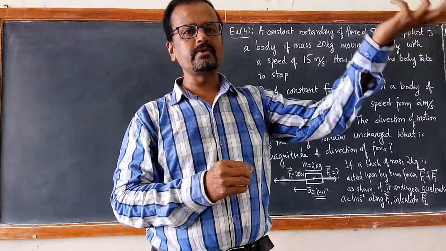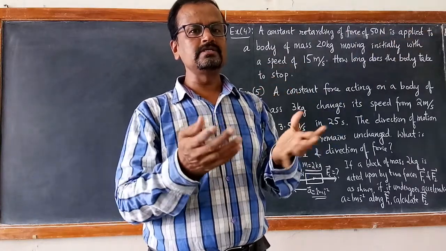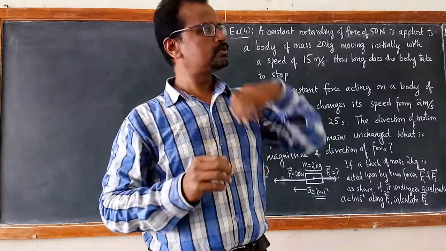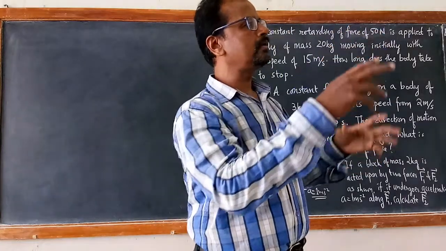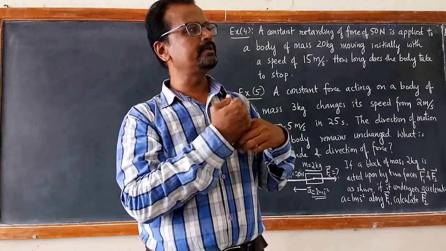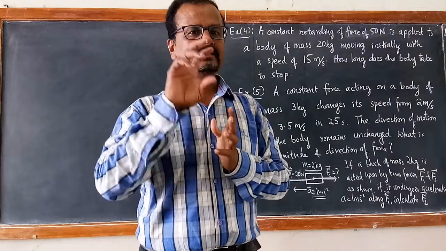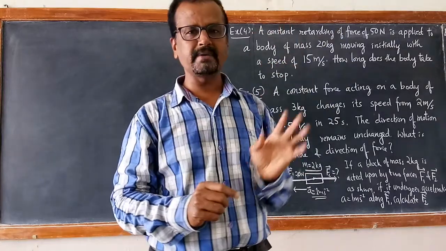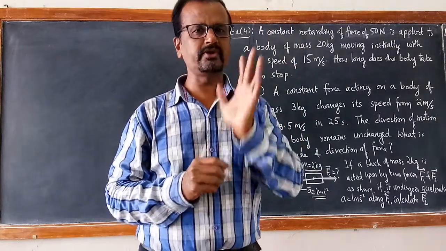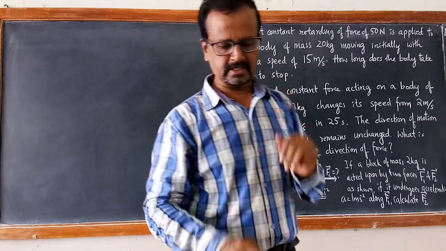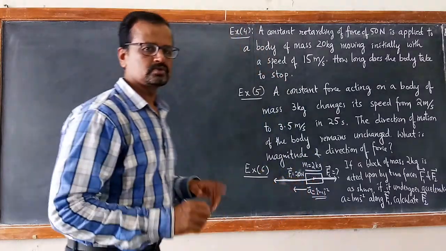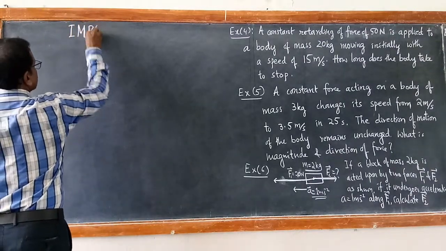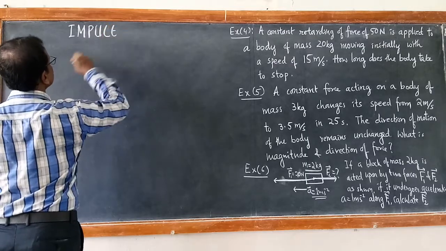So change in velocity leads to change in momentum also. Mass into velocity gives us momentum. So when you hit the ball on the wall, a sudden change of momentum in the exact opposite direction takes place. This change in momentum of the ball is due to the impulsive force exerted by the wall, which acts for a very short duration of time. Such an impact is called impulse. So first we will define what is impulse.